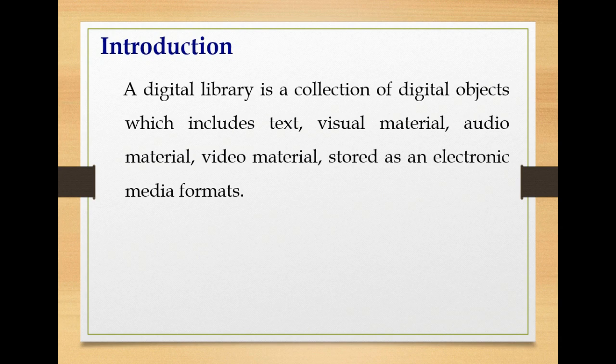Let us say if we are using Word, we produce the output in a Word file, the same way Excel, PowerPoint or PDF file. Sometimes we create or develop video, or sometimes we develop audio. So all these are digital objects. So in my opinion, the digital library is a collection of digital objects which includes all these.